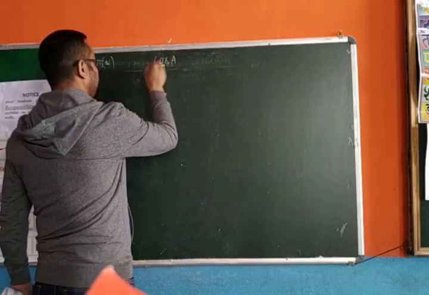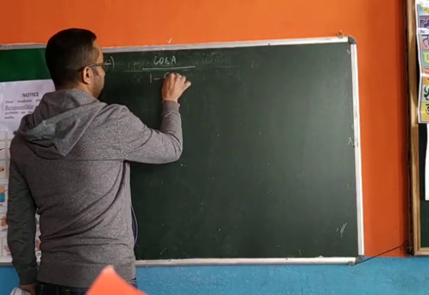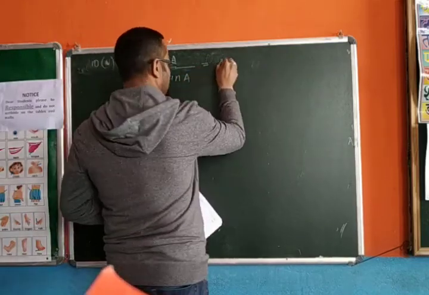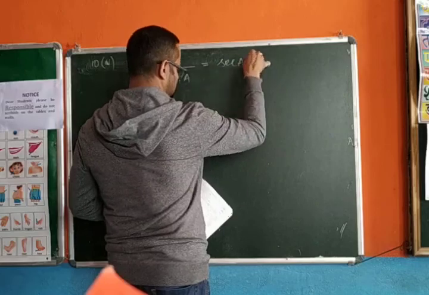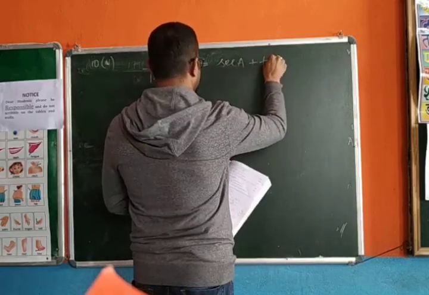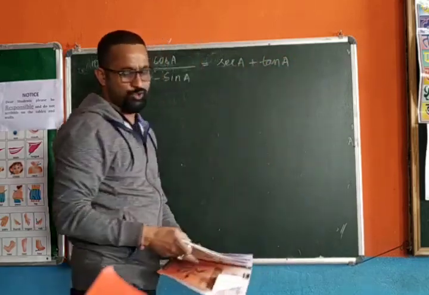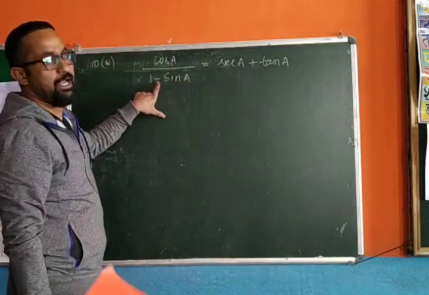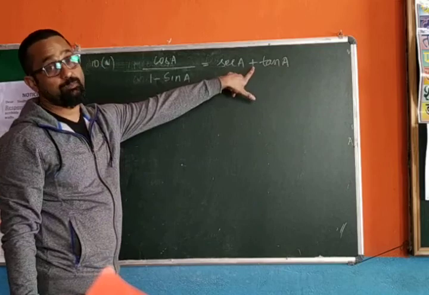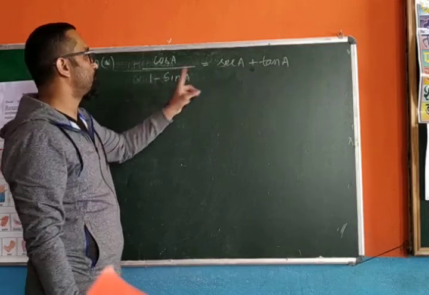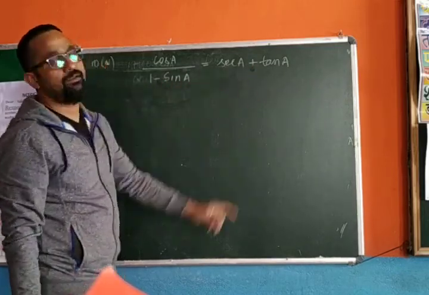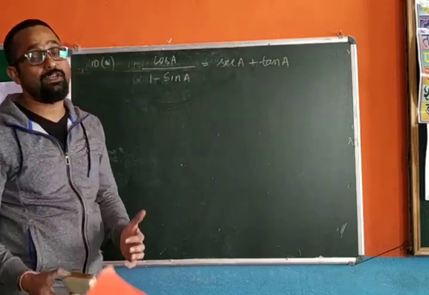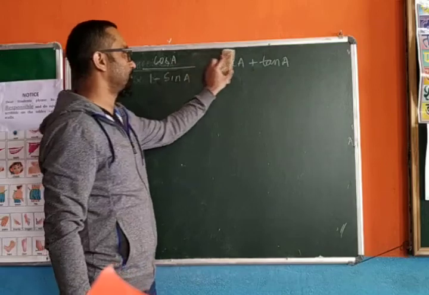Cos A divides by 1 minus sine A equal to sec A plus tan A. Look at this question. You have minus sign and on the right hand side there is plus sign. Two different opposite signs are there. So whenever you see two different signs, you have to solve it by rationalization.